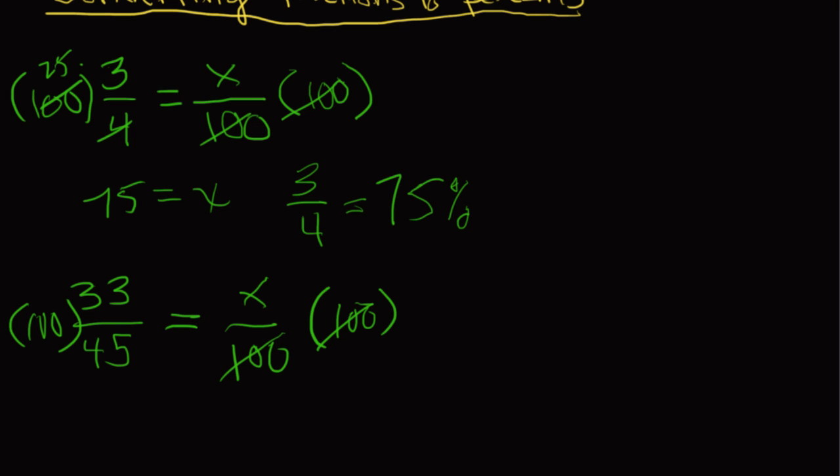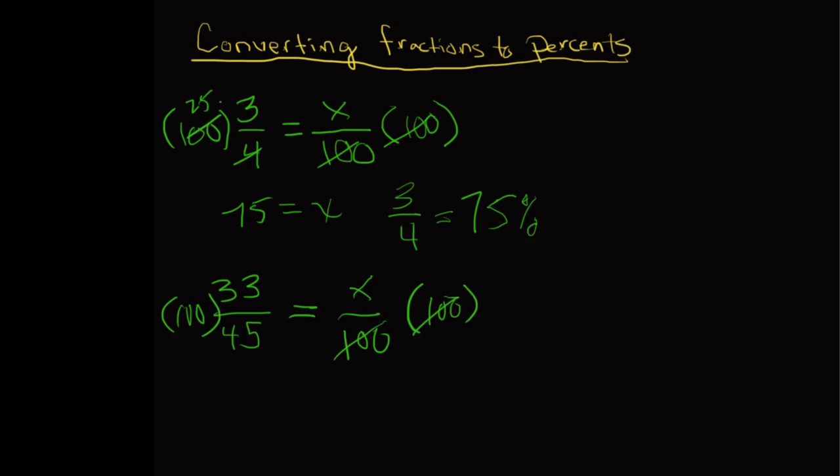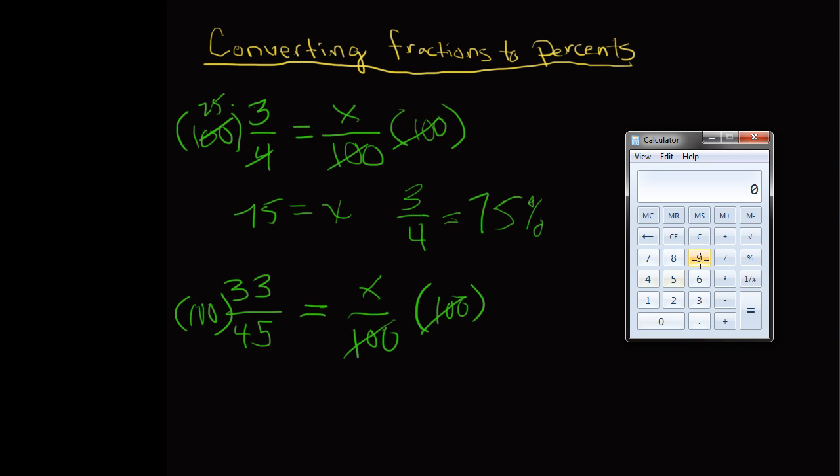And for this part, we'll go ahead and use the calculator. So you get 100 times 33, and we're going to divide that by 45.